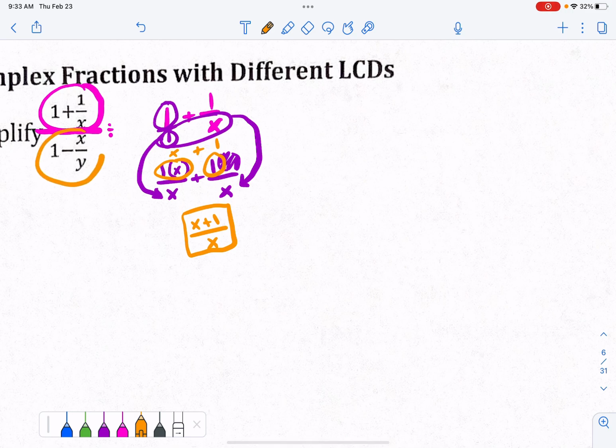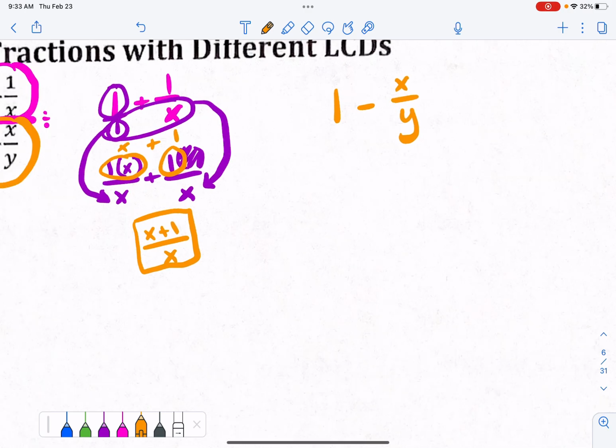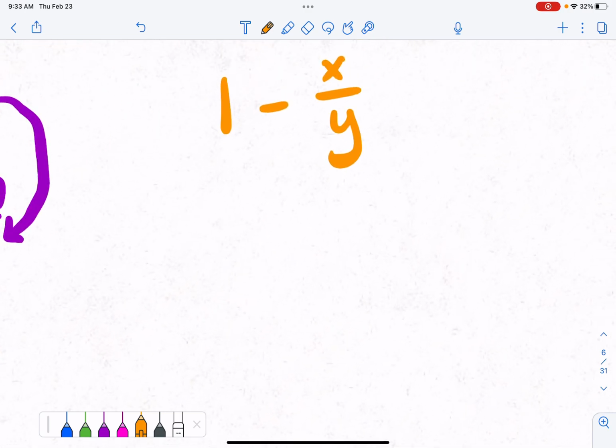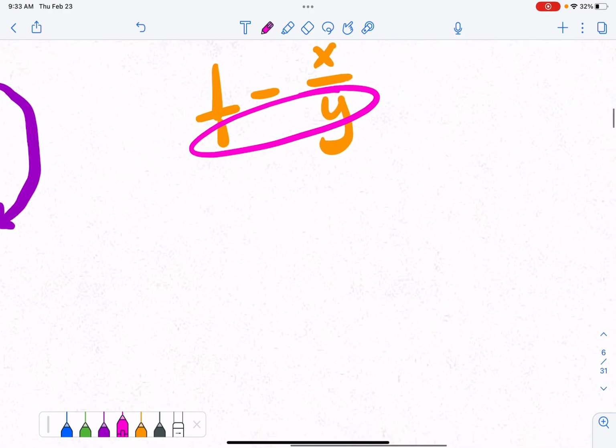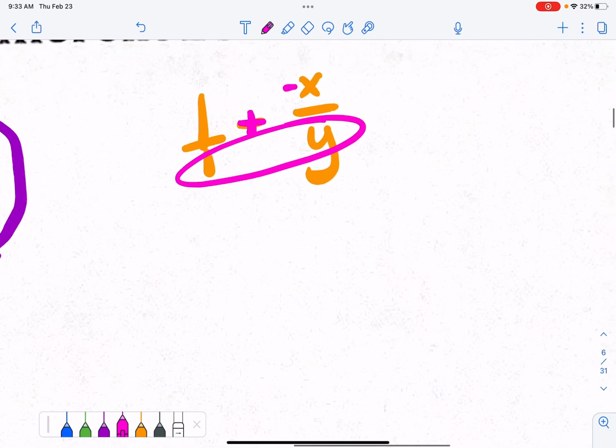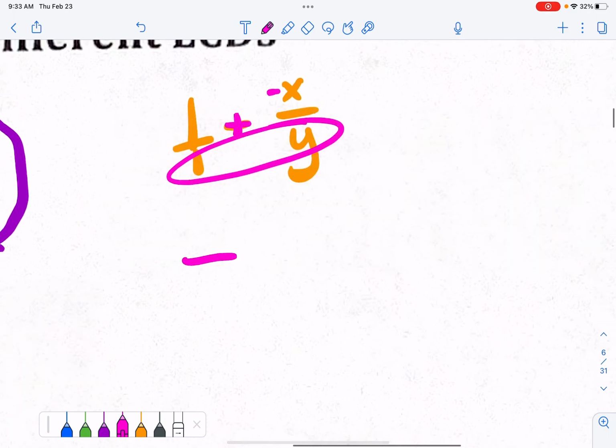Then we have this bottom part right here, which is 1 minus x over y. So kind of the same thing. This is 1 over 1, and I'm going to find my common denominator with 1 and y, okay? And if you want to do the plus and make that a negative x, you can do that, because technically we're subtracting. So our denominator is going to be y, all right?